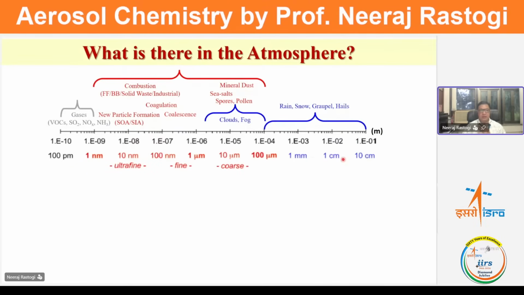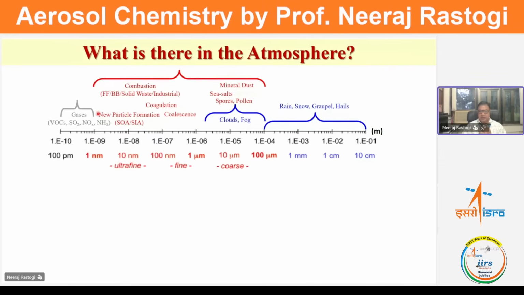In what form? Initially, you have gases like sulfur dioxide, NOx, ammonia, or VOCs, volatile organic compounds. Then these gases can form particles, as I was telling about the secondary particles in the previous slide. They can form particles like SOA, secondary organic aerosol, and SIA, secondary inorganic aerosol.